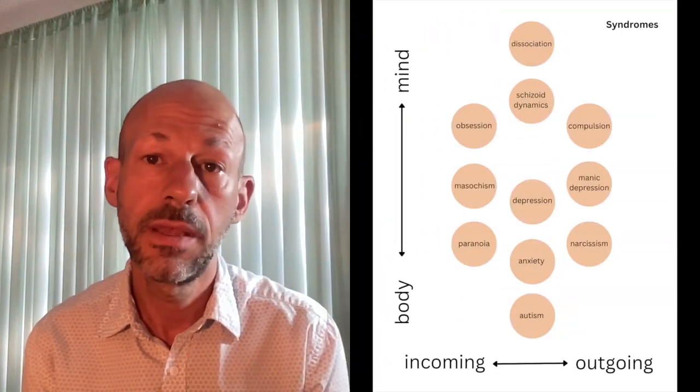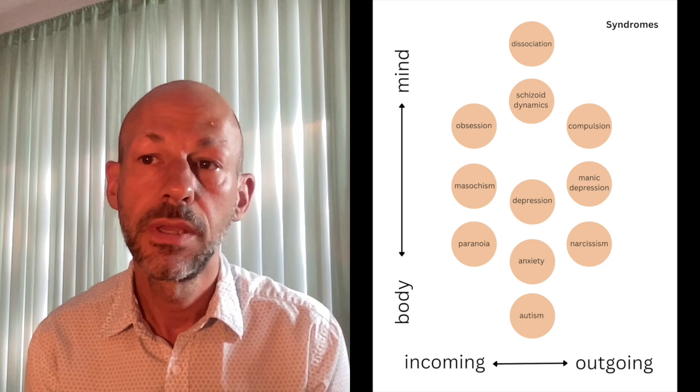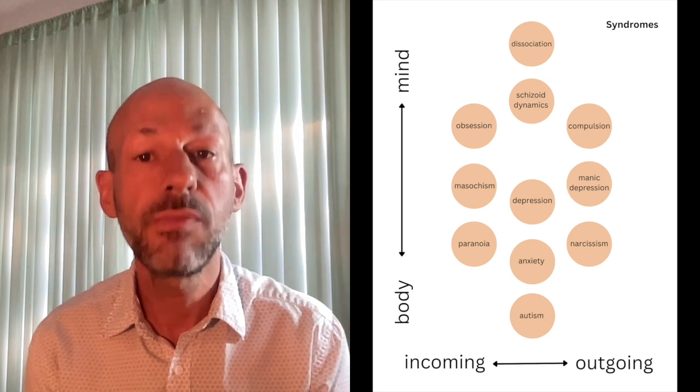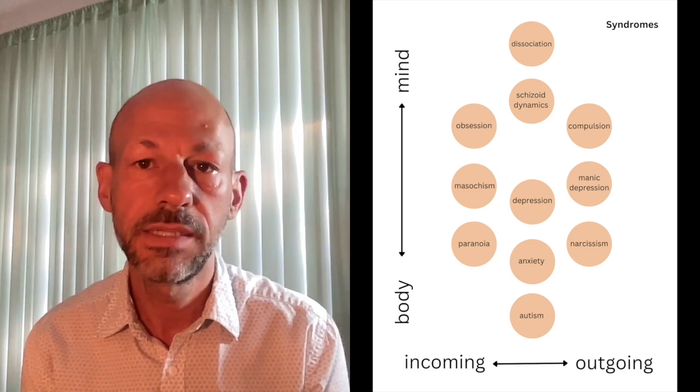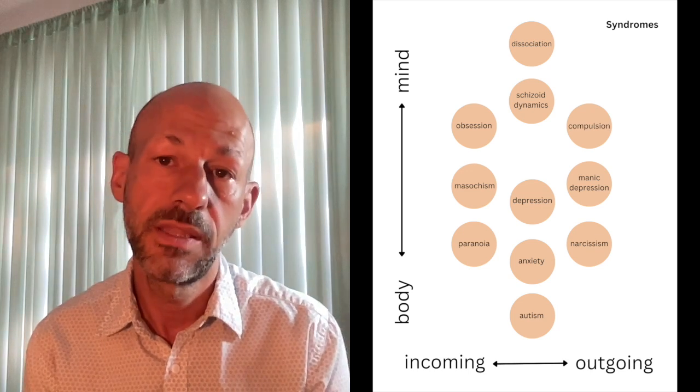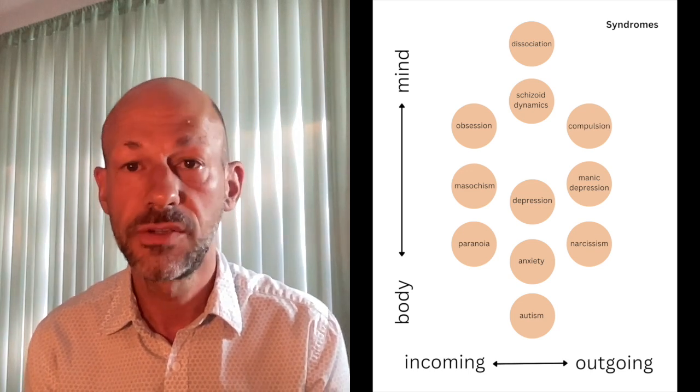Okay? And then these we can plot also on a chart. It looks a little bit different than the first two charts we used. But here we're plotting on a chart, again, the up and down axis is from more physical on the bottom to more mental or spiritual up top.